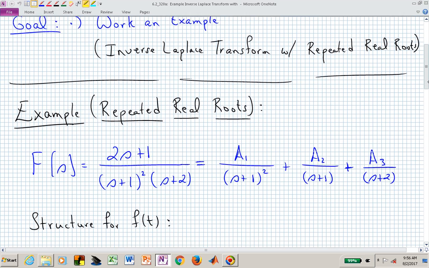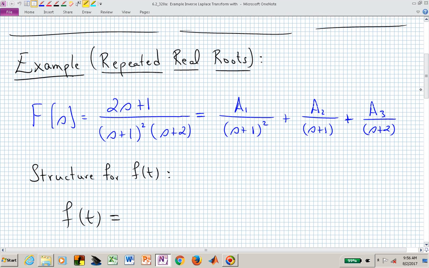From this, I want you to be able to immediately write down the structure for f of t. And the structure, by that I mean I just want to see the exponents and the frequencies. I'm not so much worried about the weightings or the coefficients. In this particular case, from what we've talked about before, we now know that we have an a sub 1, and because we have a square there, a t e to the minus 1t.